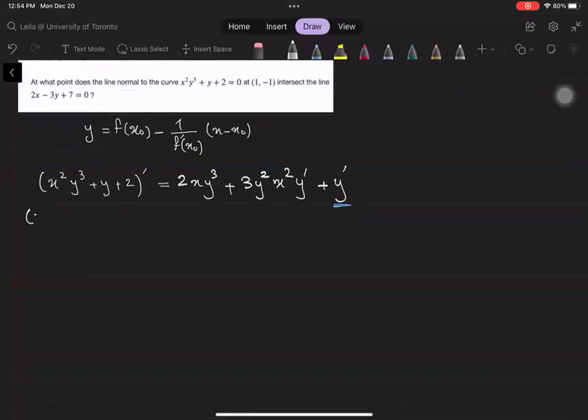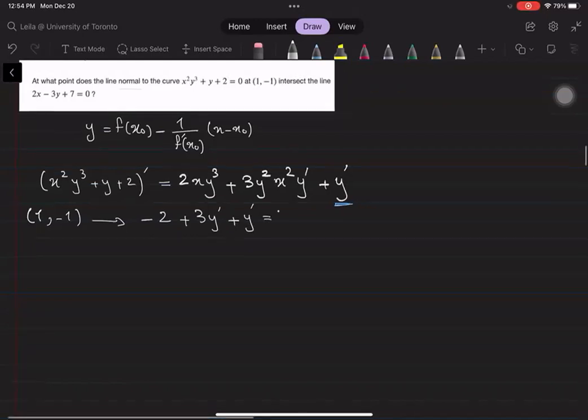So it tells us that we will have 1 minus 1, so now we can substitute here. So here you have minus 2. The reason I said equal to 0 is because here we have equal to 0, so when you take the derivative, it's still going to be equal to 0.